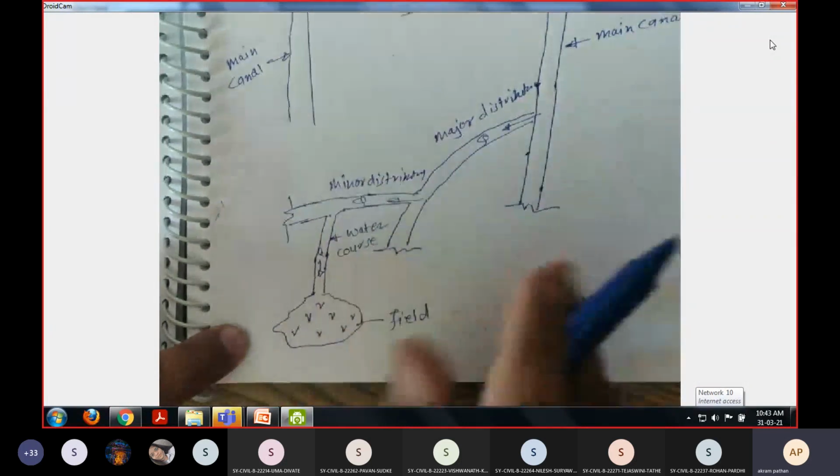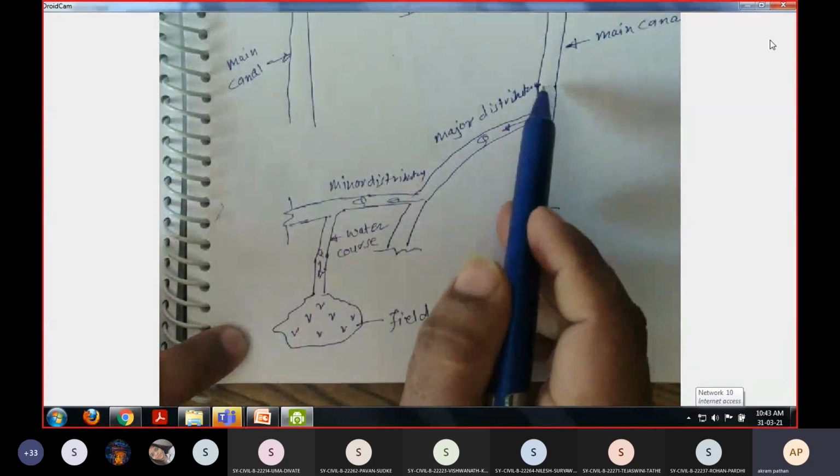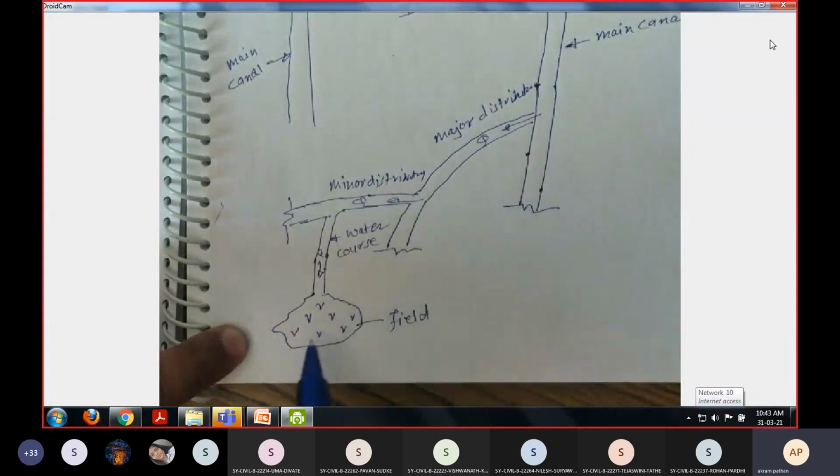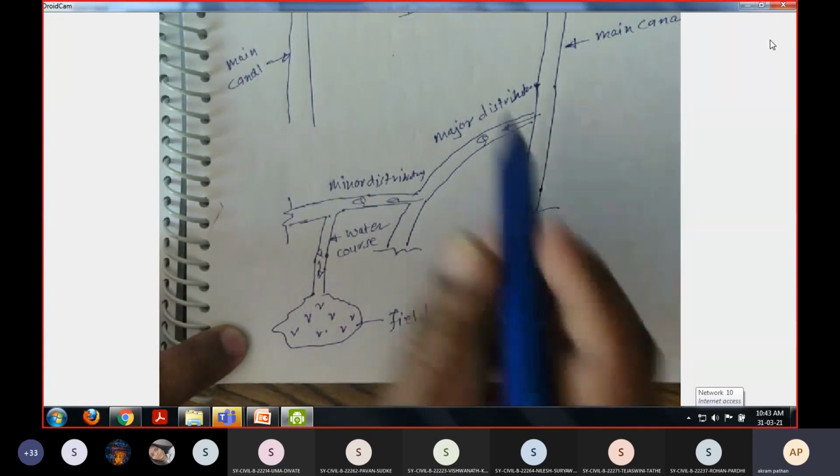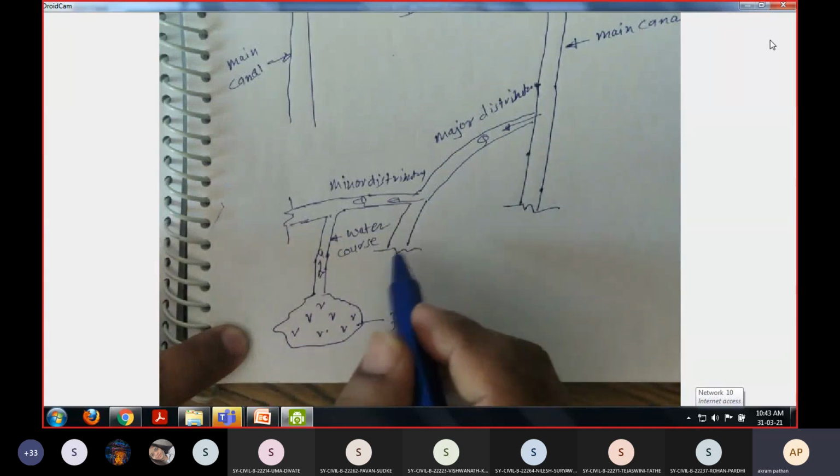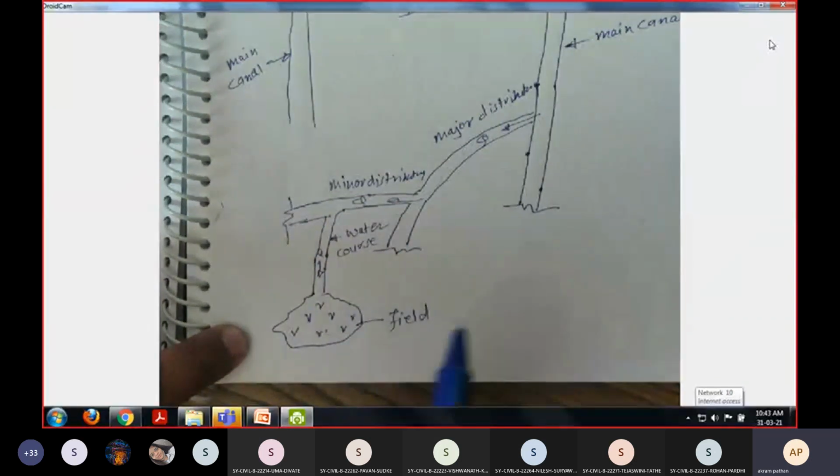So the water goes from the dam to the main canal, major distributary, minor distributary, and at the end of the minor distributary we have the water course and then the field. This is the distribution pattern of the water from the dam to your field.